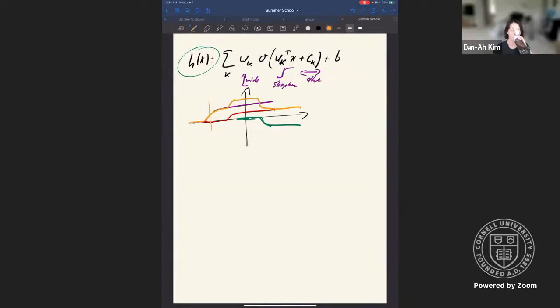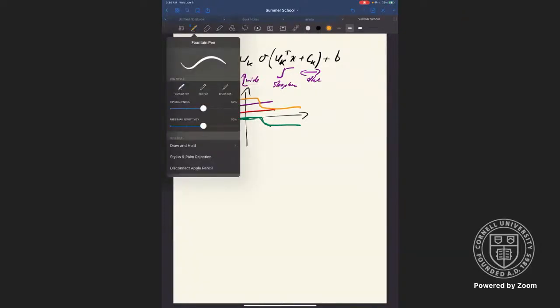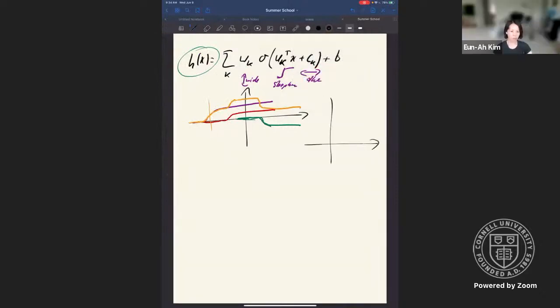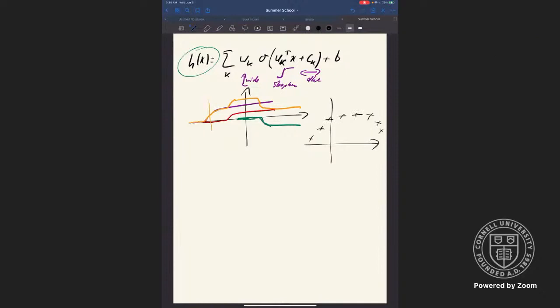Imagine you have a data set like the example we had earlier, something like this. What does the neural network learn? It learns something like a step function. It goes up like this, and then goes down, and goes down, and that's really all there is to it.